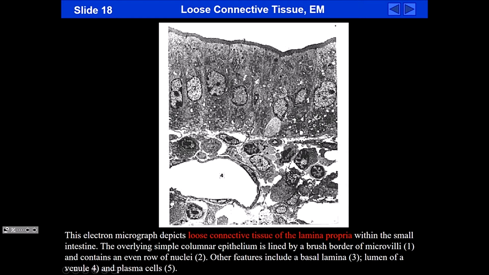So this would be loose connective tissue if we were to classify that connective tissue. Basically, the lamina propria is the loose connective tissue beneath an epithelial sheet. Any questions? Yes? This would be the basement membrane right here, right? Because we've got this simple columnar layer of cells, bounded at the bottom by the basement membrane.